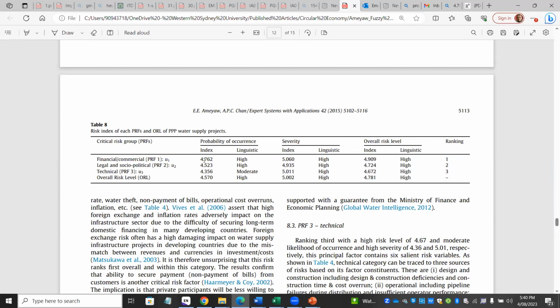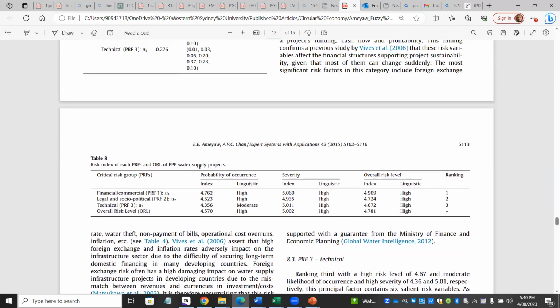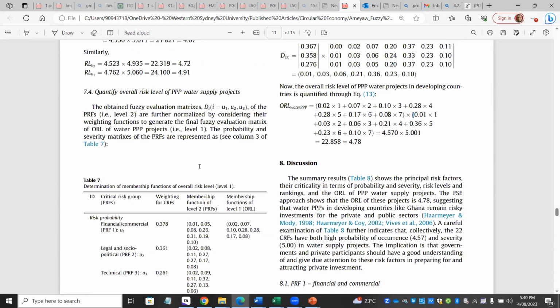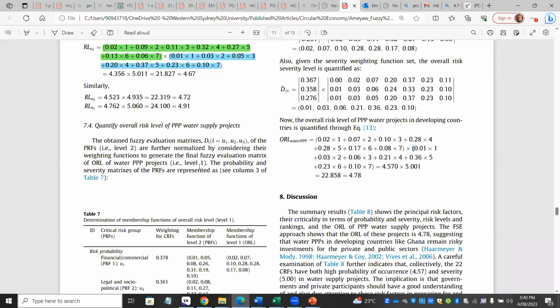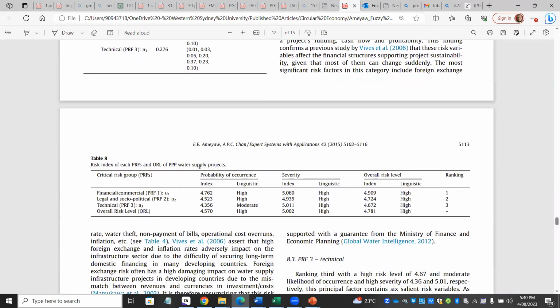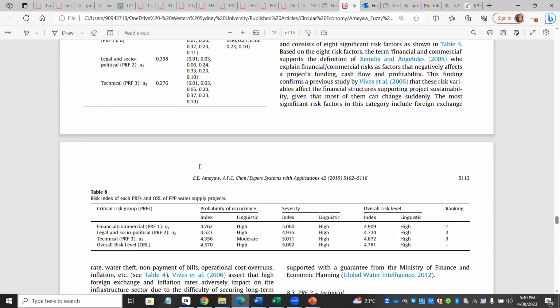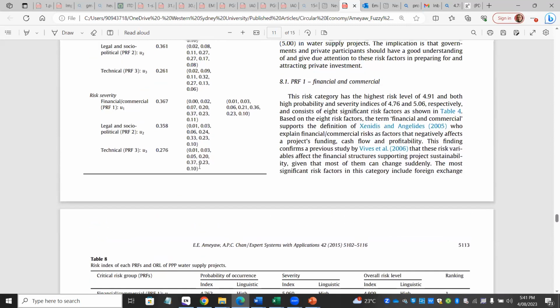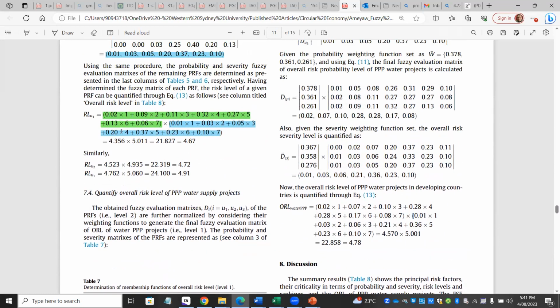So for example, when it comes to probability of occurrence, group 1 is 4.762, group 2 is 4.523, and group 3 is 4.356.